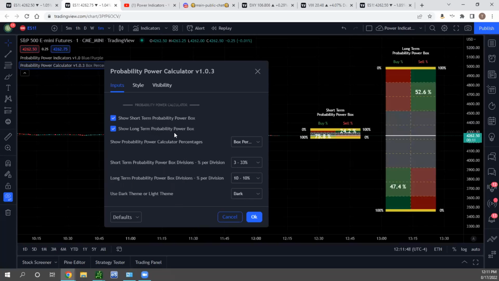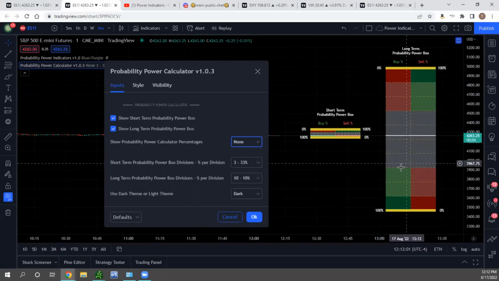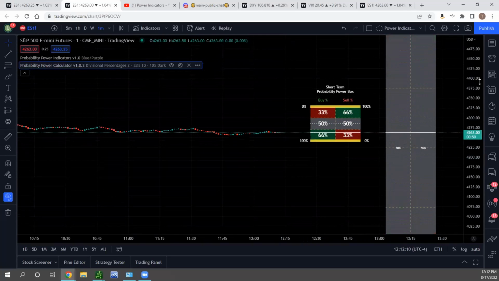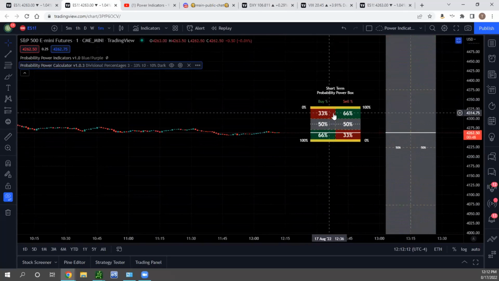Now, within the power boxes, first of all, there's the calculator percentages. You can choose to either have none, and you'll see that there are no probabilities showing now on the power boxes. You can do divisional percentages, which is going to show you, let me zoom in a little bit so you can see the short-term box.